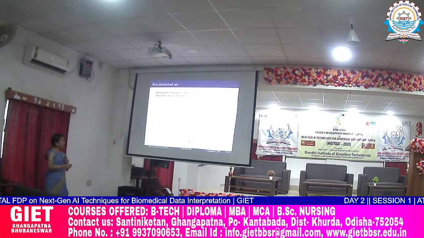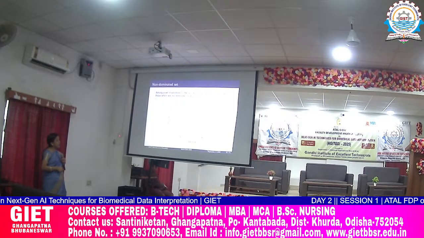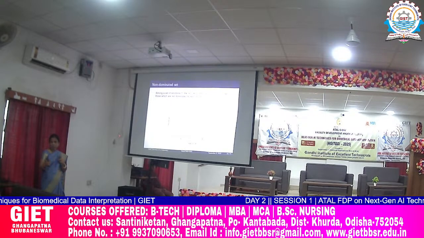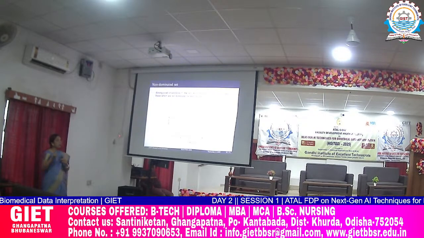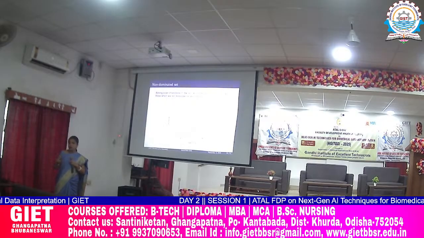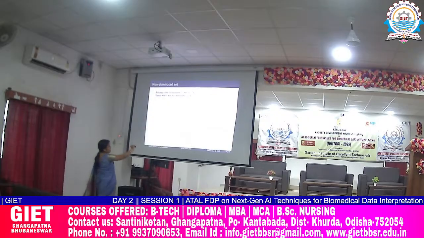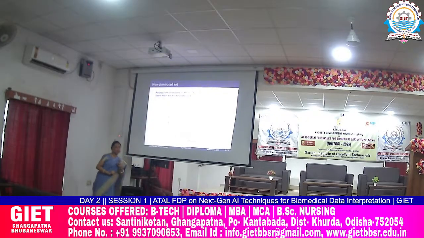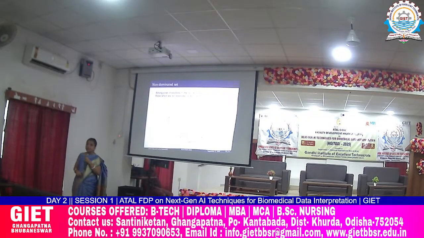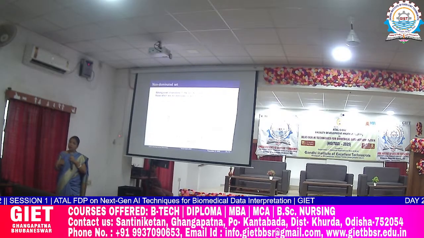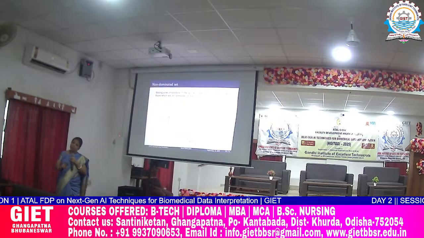So after checking, suppose for this problem I get 3 and 5. Both the solutions are non-dominated. So out of 5 solutions, 3 and 5 are the non-dominated solutions. If we join points 3 and 5, the curve joining the non-dominated solutions is known as the Pareto front, because a non-dominated solution is nothing but a Pareto optimal solution.